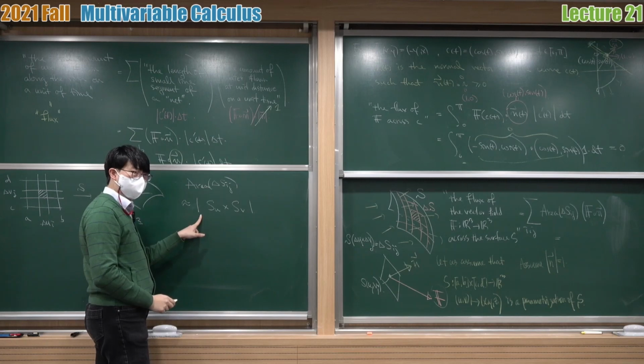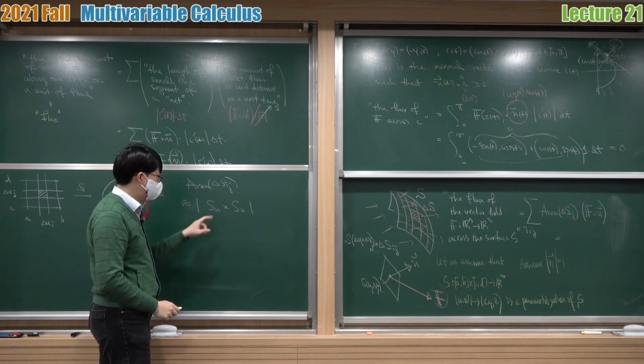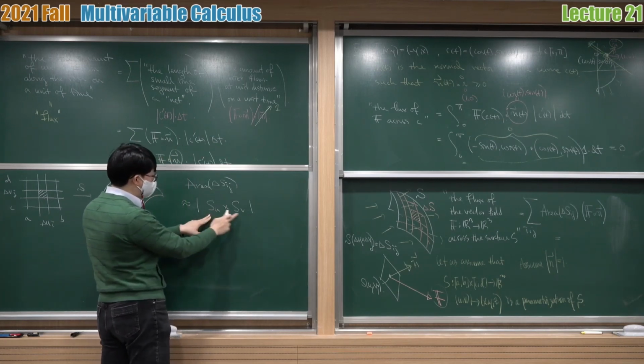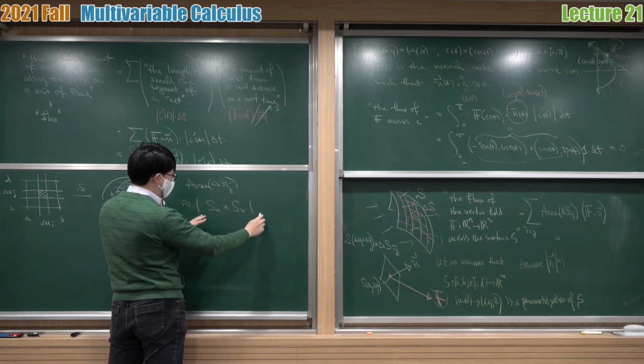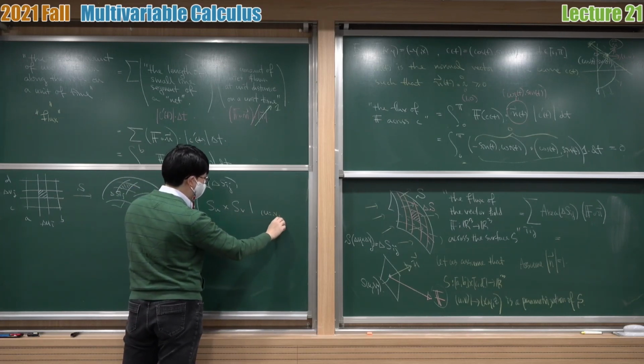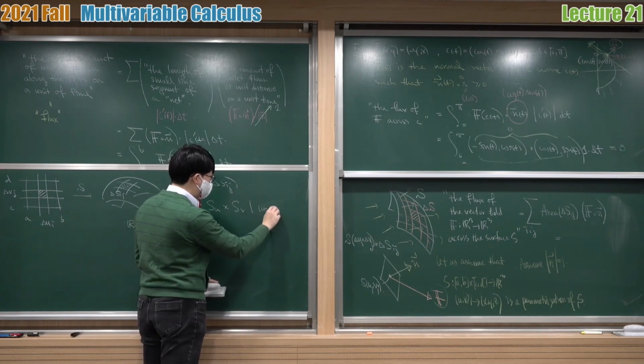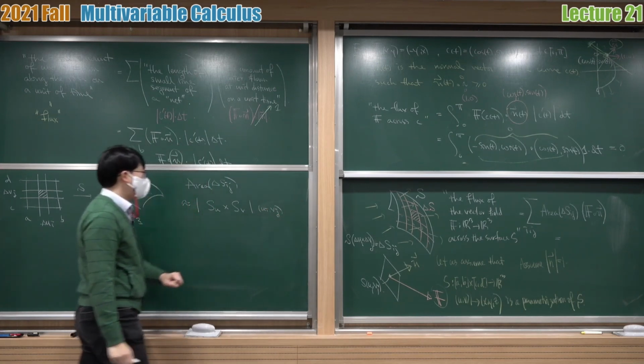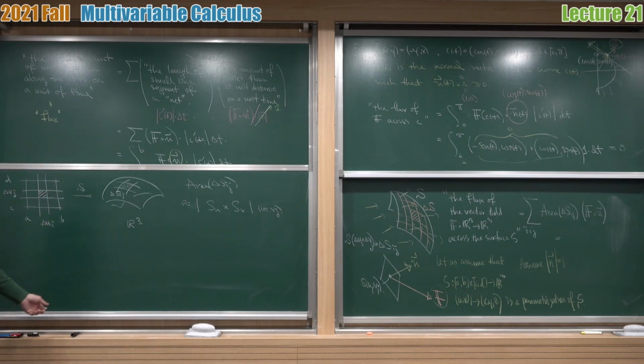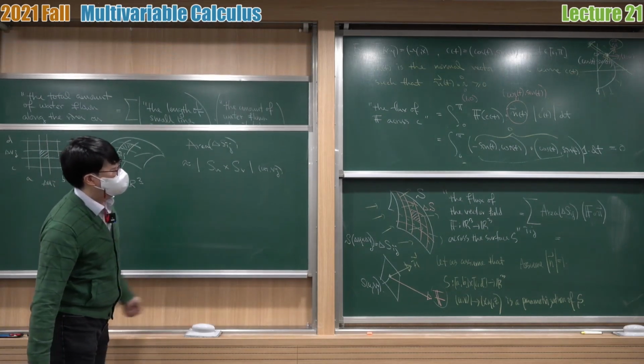I take the norm of that cross product. Of course, we are talking about this vector at ui, vj, so you have to plug in this value to find the actual number here. And that's everything, right?